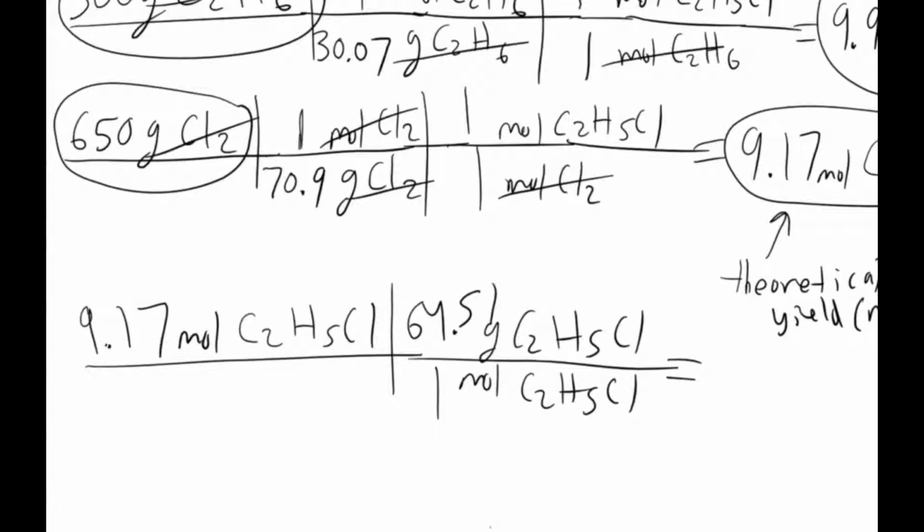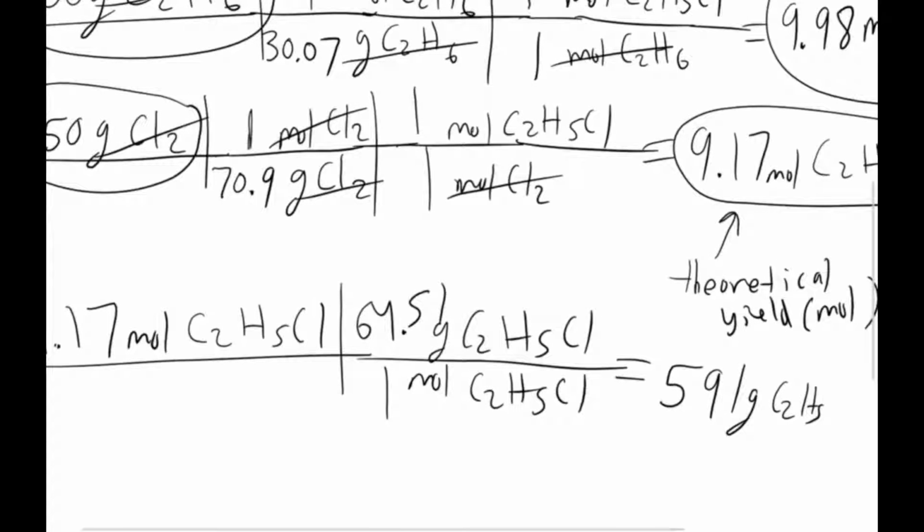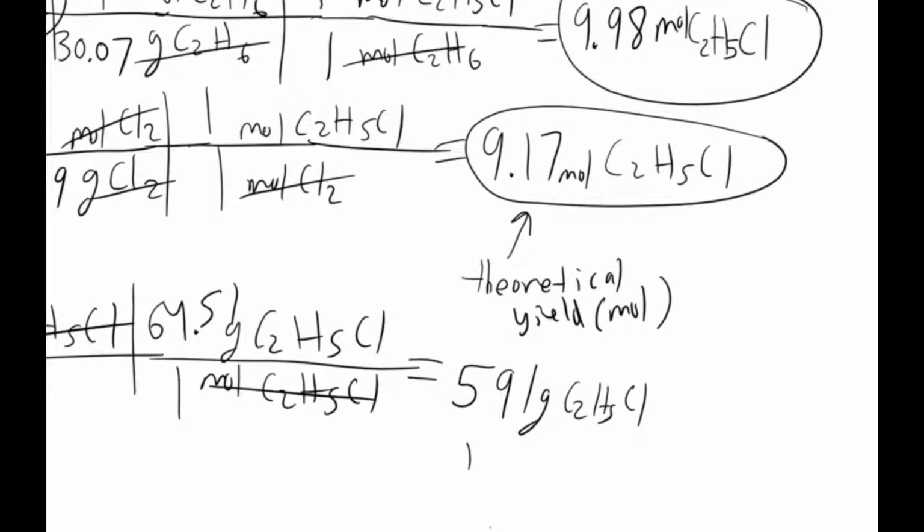If we calculate this, we get 591 grams of chloroethane. So the moles cancel, and now this right here is our theoretical yield in grams.